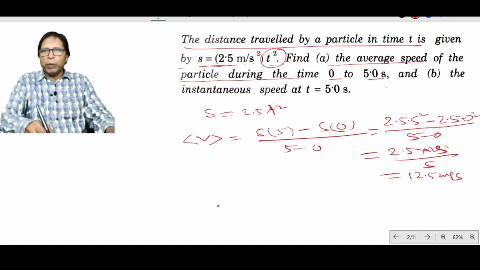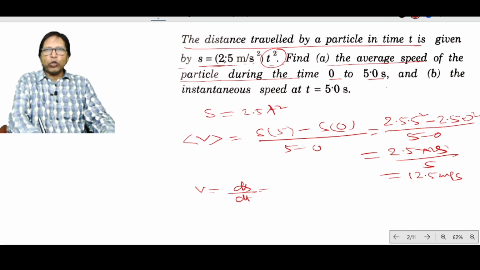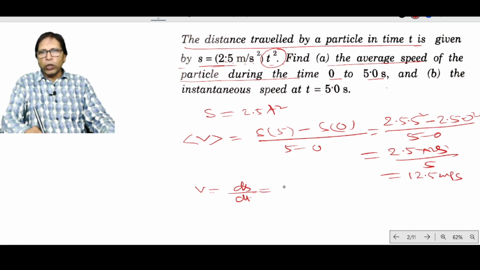Now instantaneous speed, look at this, the instantaneous speed v equals ds by dt. Here s equals 2.5 t square. So 2.5 times d by dt of t square. Now d by dt of t square is power 2, so 2 into t to the power 2 minus 1.